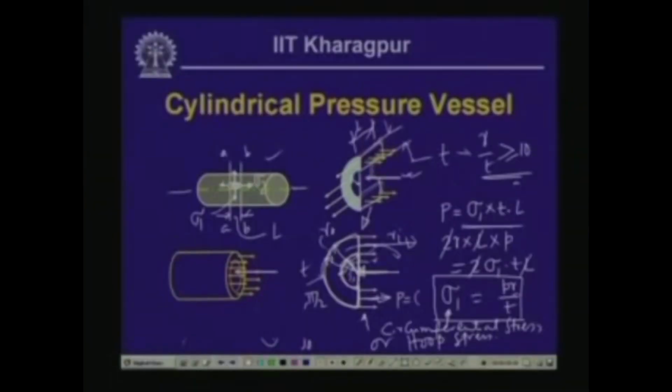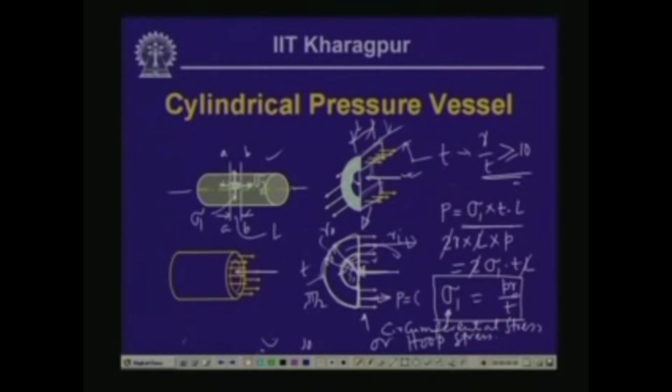As we assumed in the beginning, since the thickness is small, the variation of stress across the thickness is negligibly small, and hence we consider only one R, the internal radius, and that is why I am always writing this as R.